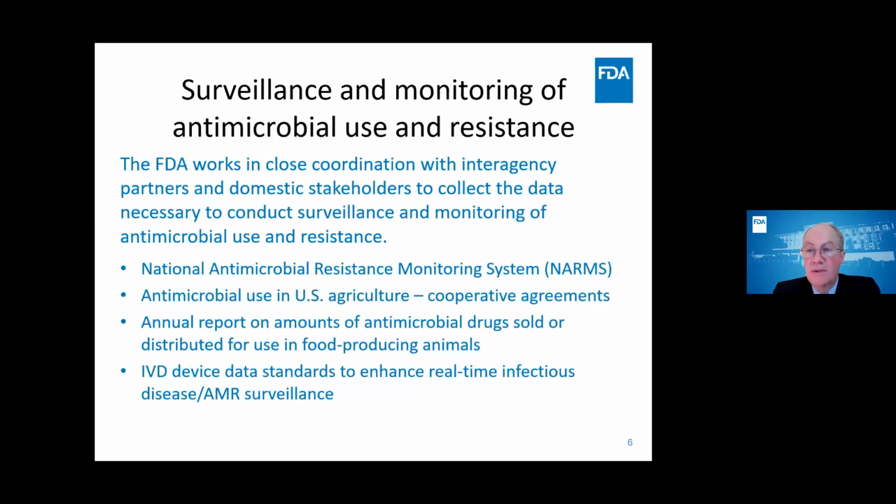We work together with our colleagues at CDC, the Centers for Disease Control and Prevention, and the U.S. Department of Agriculture, or USDA, and we collect information on human clinical isolates and on retail meat, so certain types of retail meat: chicken, turkeys, cattle, and swine.